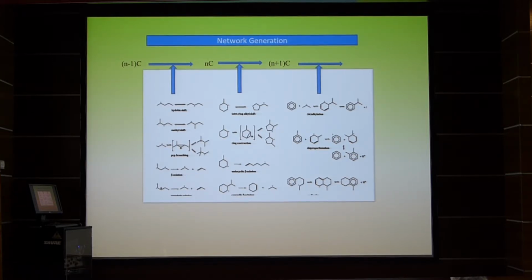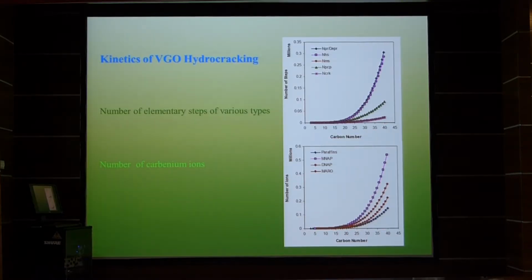Indeed, it takes hours and hours of computing to generate that complete reaction scheme. And of course, you do that with a computer. And when I deal with VGO hydrocracking, all I have plotted here is the number of elementary steps of the various types that you encounter, and that goes into the millions.